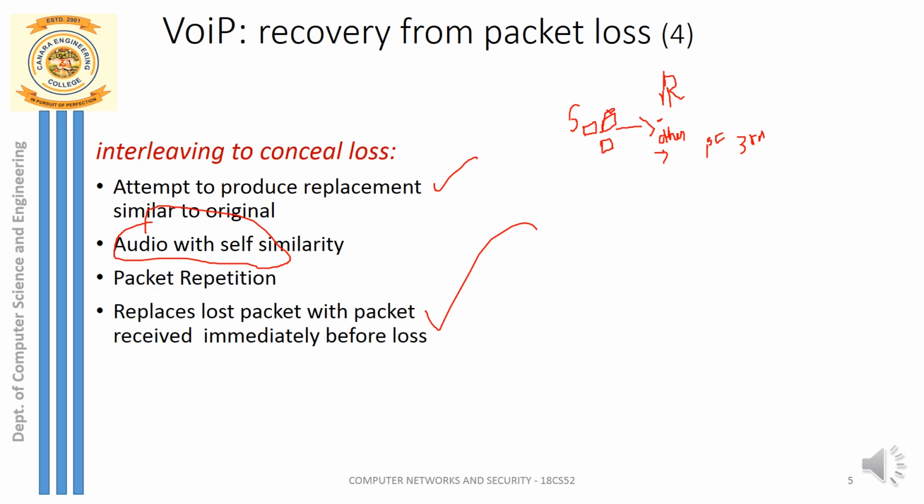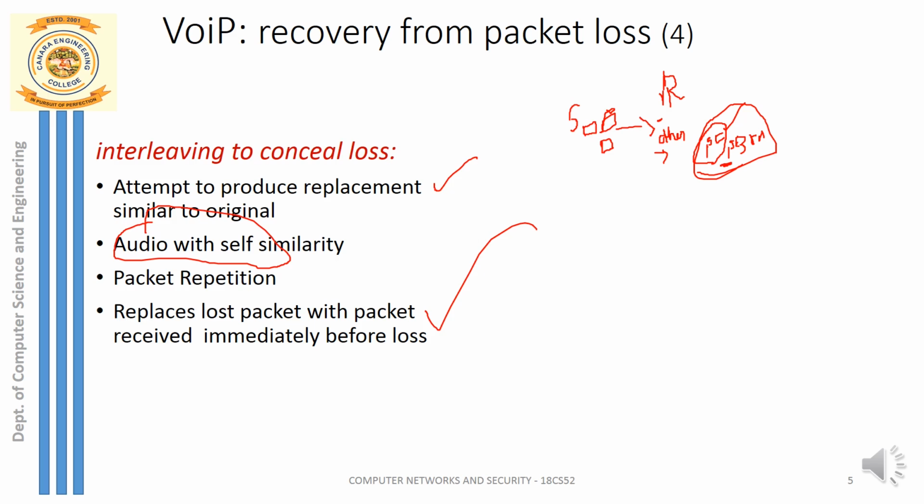So first chunk is received, third chunk is received, but the second chunk is missing. Here the receiver can recover that loss by simply replacing the lost second chunk with the chunk that was received immediately before the loss. What was the chunk received immediately before the loss? That was the first chunk, right? So the second chunk is simply replaced again with the first chunk that was received earlier.